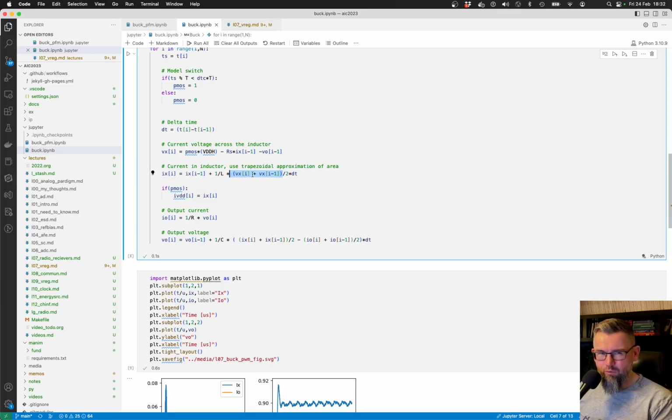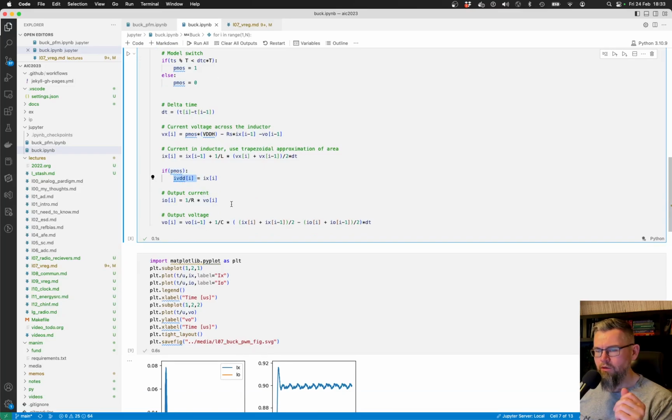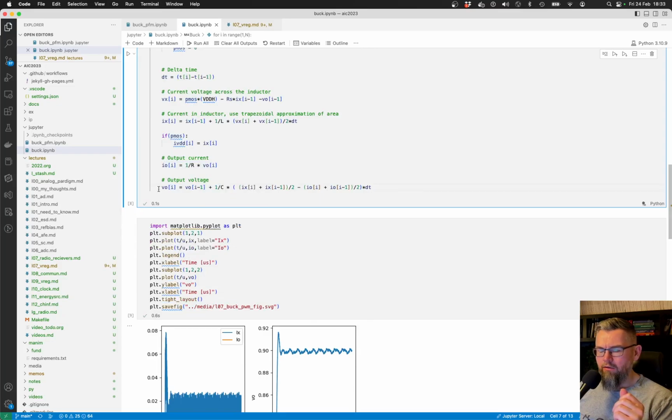I think this is also why in SPICE you have trap, as in trapezoid, Newton-Raphson integration, I believe. Okay, and then when the PMOS is on, I just store the current for the VDD. Calculate the output current, that's pretty easy, that's Ohm's law. And the output voltage is then the integral of the current over C.